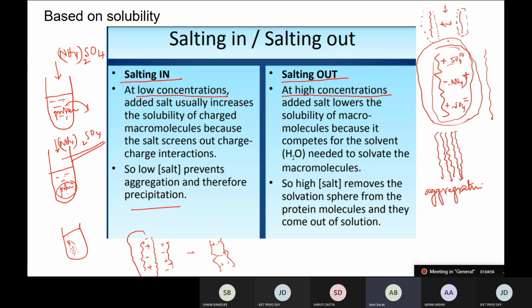Ammonium ions want to be hydrated. Ammonium ions will be hydrated, so also the sulfate ions will be hydrated. That's why ionic compounds go into water, because of the hydration. Okay. So what will happen now?